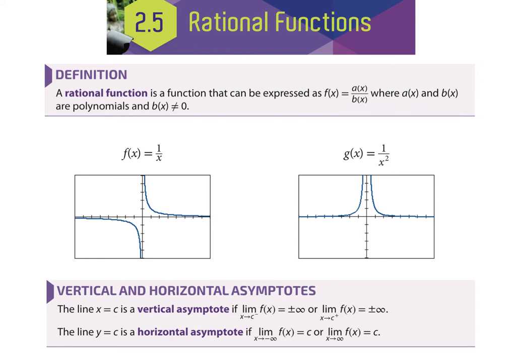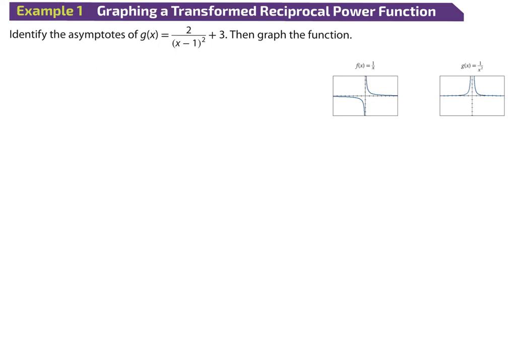So let's just look at translating these guys. So taking these pictures and just moving them around based on the adding or subtracting on the inside or on the outside, just like we did with parent functions for like a parabola or absolute value, okay? So look at the first one. So this obviously is going to look like which of these?